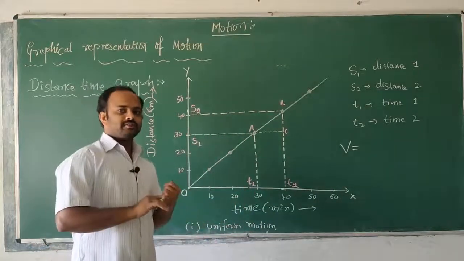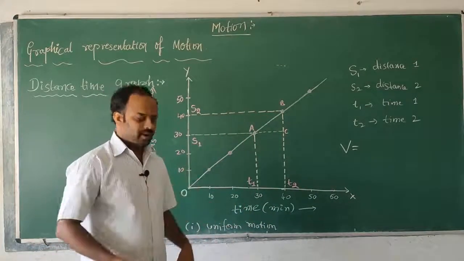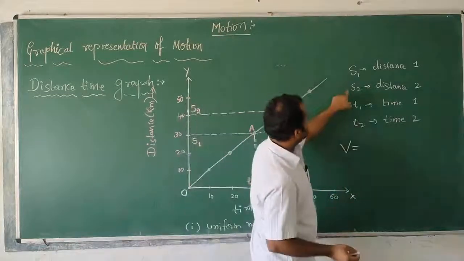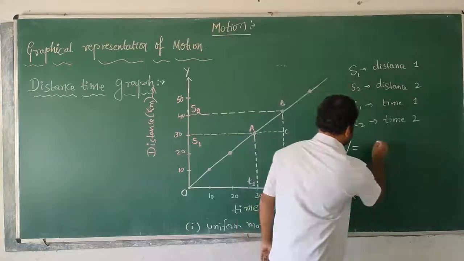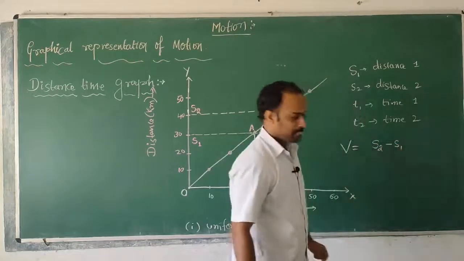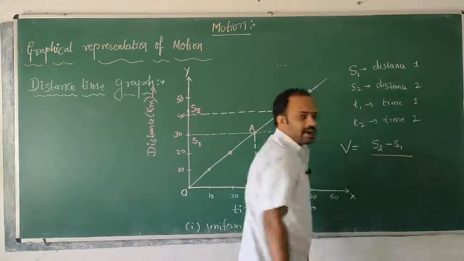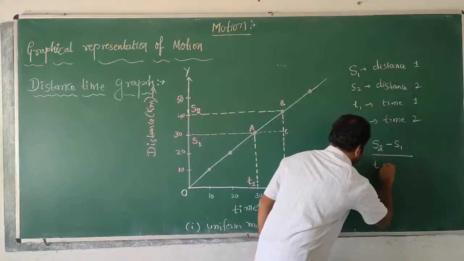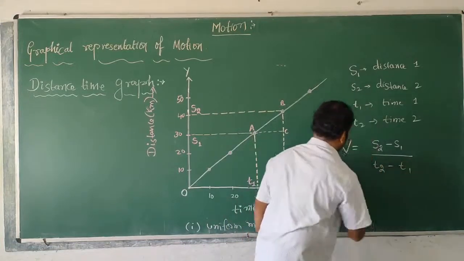Here distance is S2 and S1. Okay, that is S2 minus S1 distance divided by time, T2 minus T1.